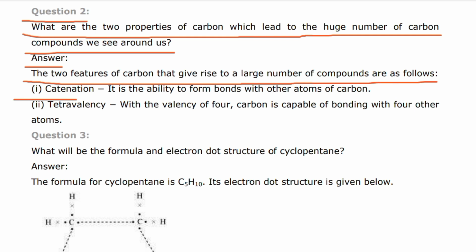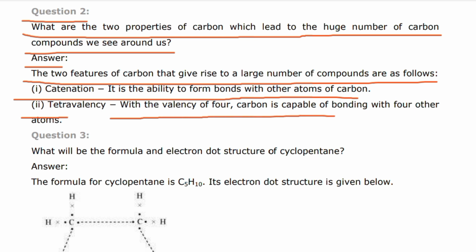First, catenation. It is the ability to form bonds with other atoms of carbon. Second, tetravalency. With the valency of 4, carbon is capable of bonding with 4 other atoms.